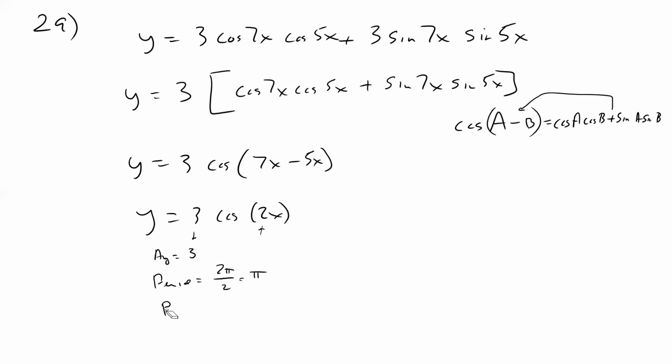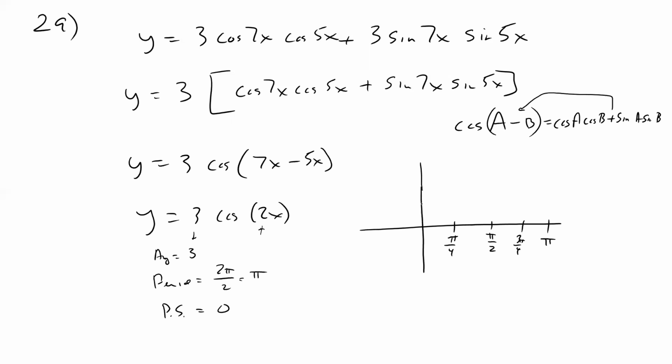And yeah, phase shift. Phase shift is 0. There's no phase shift here. We're not adding anything to the 2x. So if I go out to pi over here, that would be pi over 2, pi over 4, 3 pi over 4. Awesome.